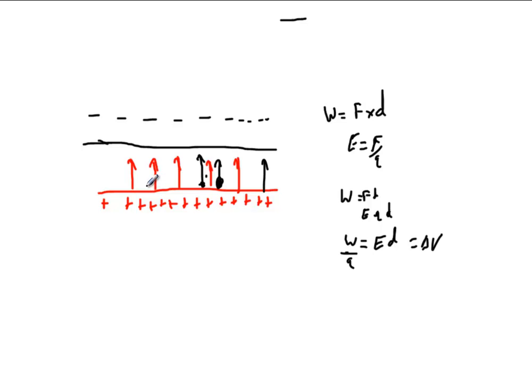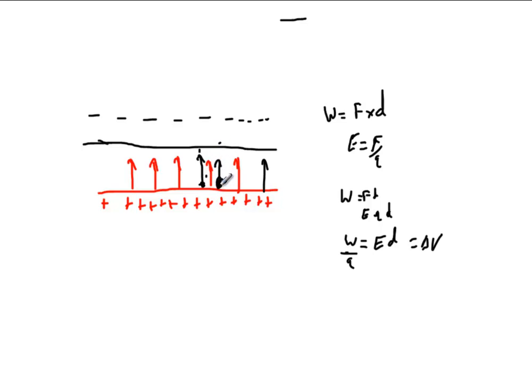So electric potential difference is the change in potential energy, because work is energy, work is the transfer of energy. So electric potential difference is the change in potential energy per unit charge in an electric field. I'm not saying it takes the same amount of work to move this charge from here to here as it does to move this charge from here to here. Since this charge is bigger, there's more charge, it takes more work.